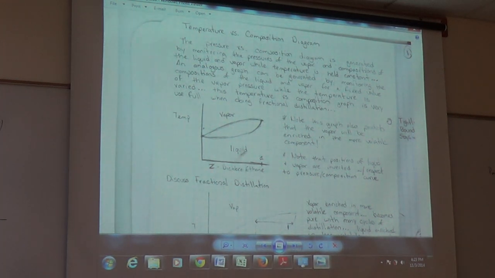Which component is the vapor enriched in? The more volatile or the less volatile component?